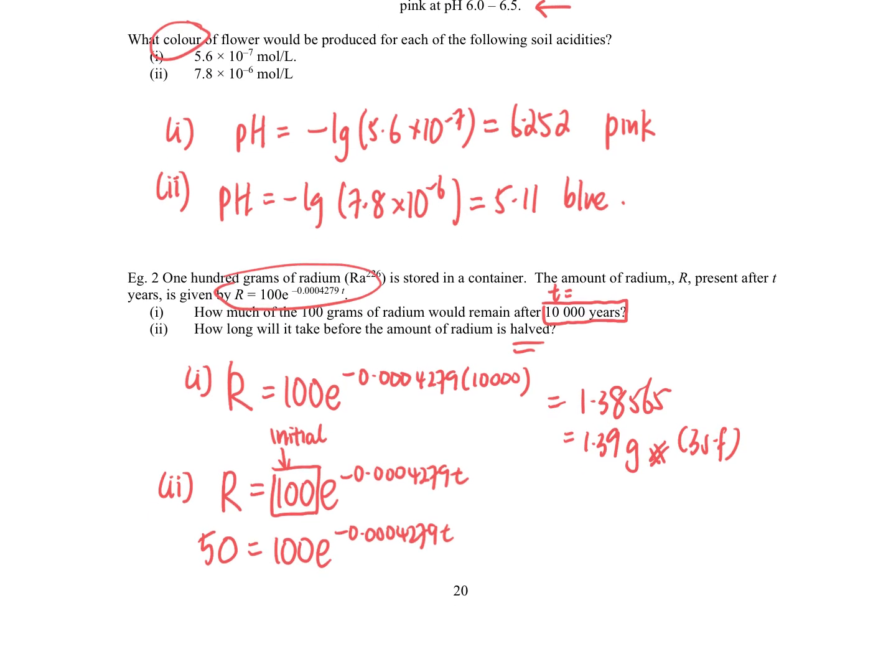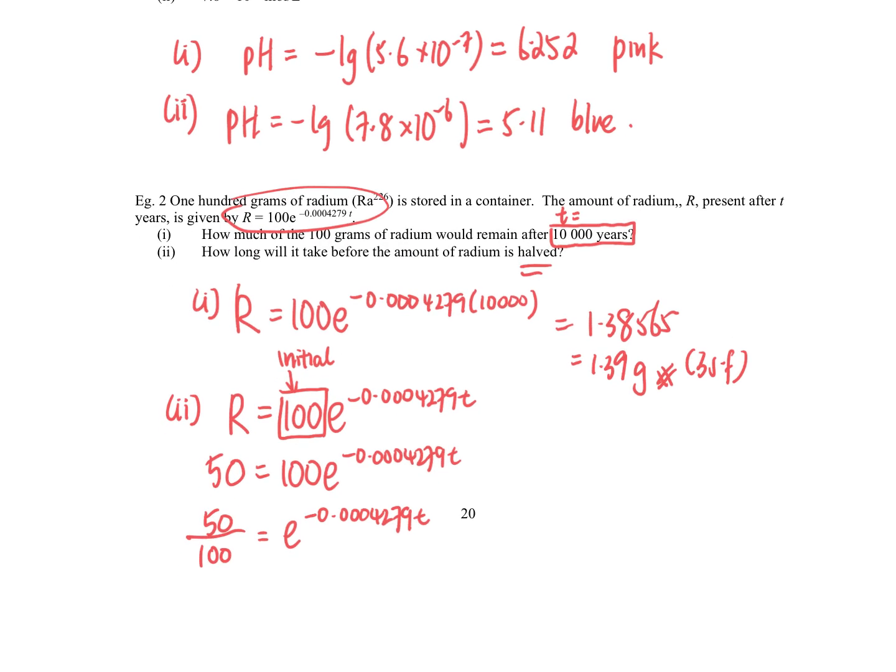So remember, divide the 100 over. Before you can take ln or log, you cannot have any number before the exponential expression. So now you can ln both sides.